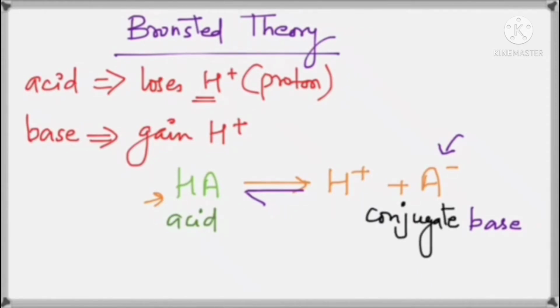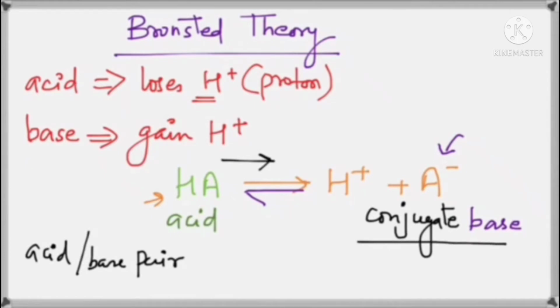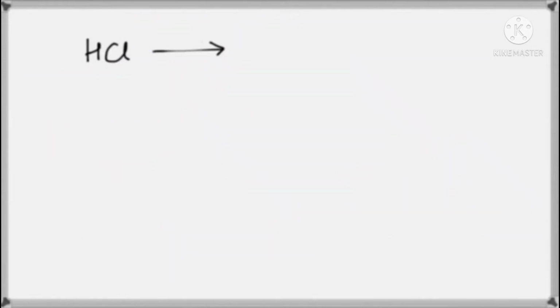So we always have an acid base pair, where if an acid loses a proton, that is in the forward direction, we get the conjugate base, and if a base gains a proton, we get the conjugate acid. If we have HCl which loses a proton and forms H plus and Cl minus, then we say Cl minus is the conjugate base of HCl.